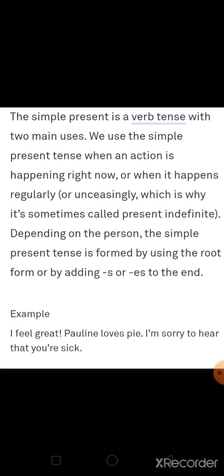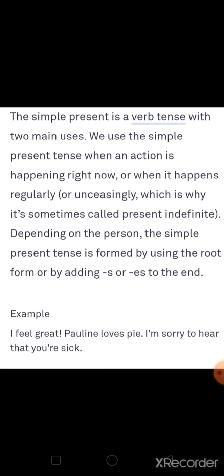The simple present tense is a verb tense with two main uses. We use the simple present tense when an action is happening right now, or when it happens regularly, or unseasonally, which is why it's sometimes called present indefinite, when you are not sure about something or something which is unpredictable.